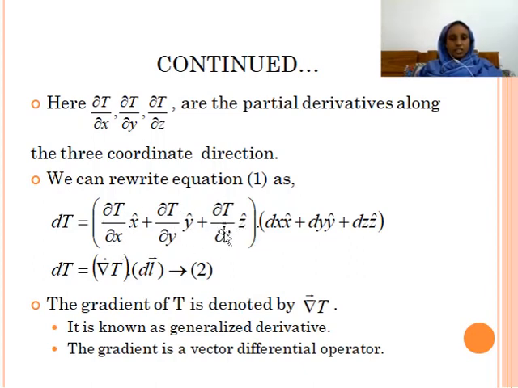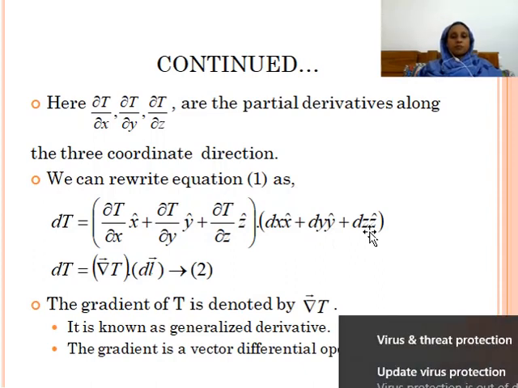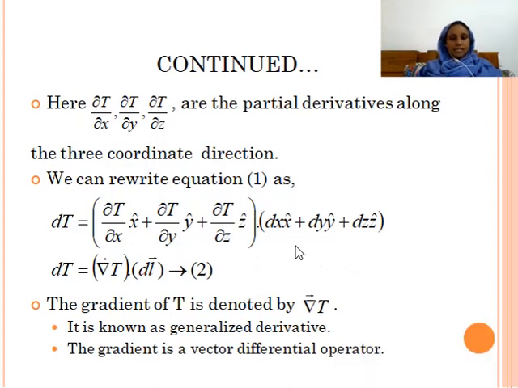Now this is a vector quantity, right? Taking the dot product with the infinitesimal displacement vector, dx x cap plus dy y cap plus dz z cap, you can write this as dT equal to gradient T dot dl.